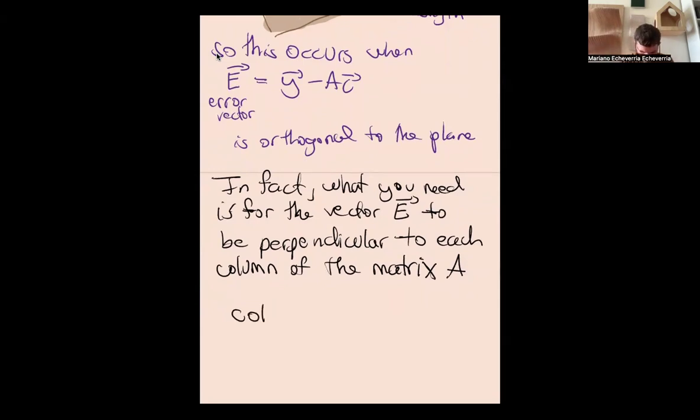You need the first column vector dot E to be 0, and you would also need the dot product between the second column and the vector E to be 0. That's what tells you that the vectors are perpendicular. Is that making sense?